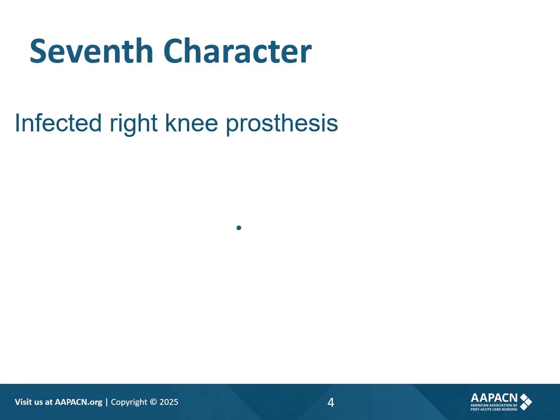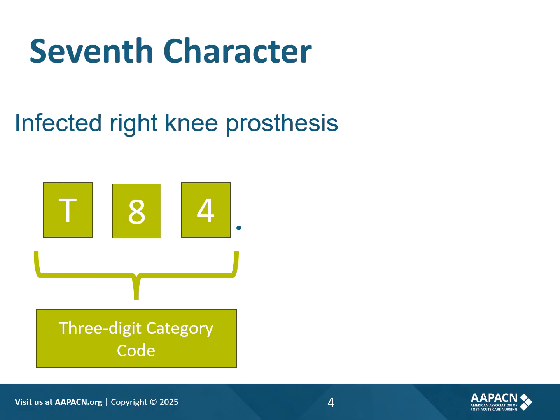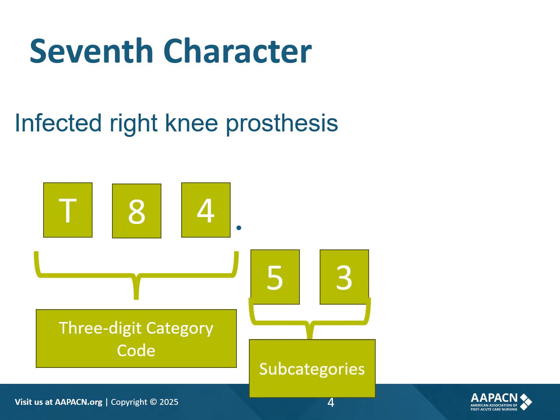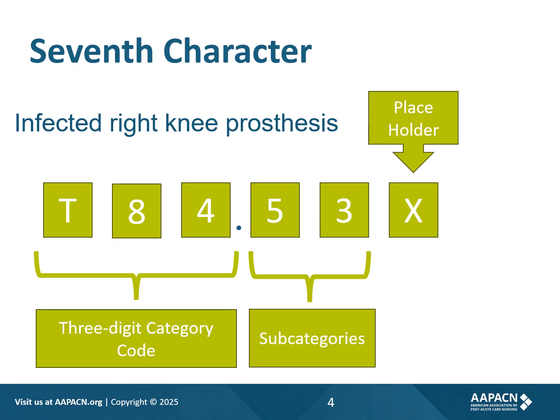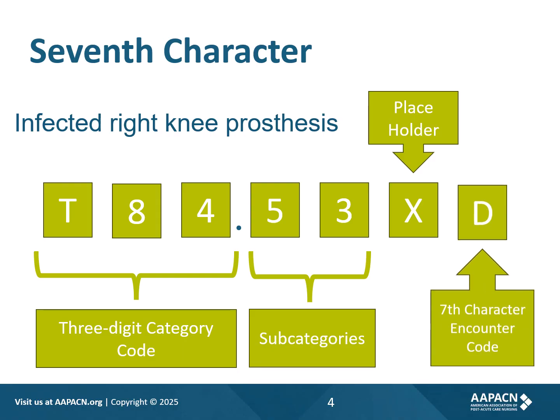So then that gives us our T84, which is our 3-digit category code. We have our subcategories 5-3 to show that it's an infected right knee prosthesis. And then we have to have a placeholder because there's no other subcategory beyond that, but we do have to have that 7th character encounter code in that 7th spot.